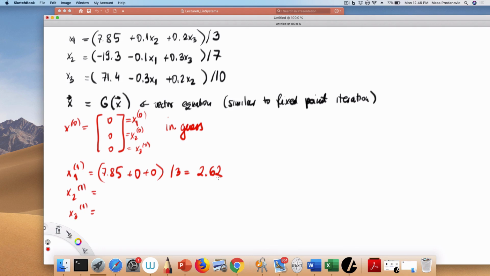The second one is just again plugging my initial guess for x1 and x3, which is both zeros, so that makes it easy. So it's minus 19.3 divided by 7. What is that? 7.6? Something like that?